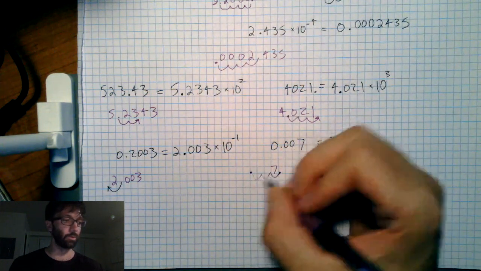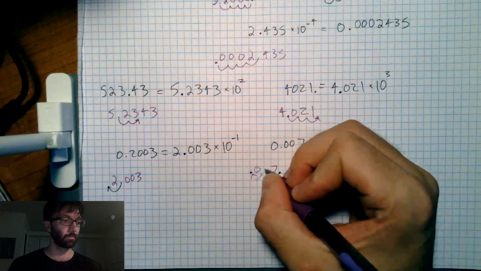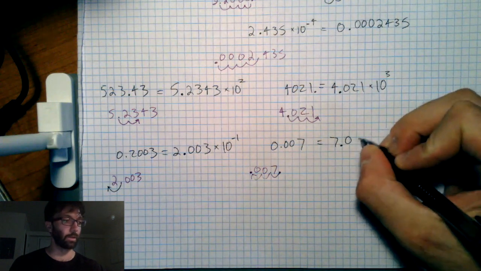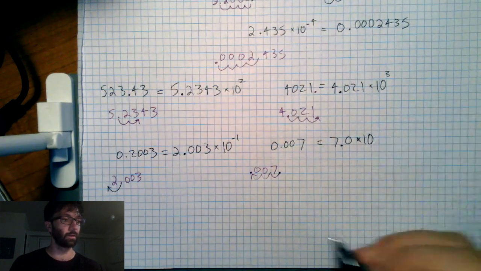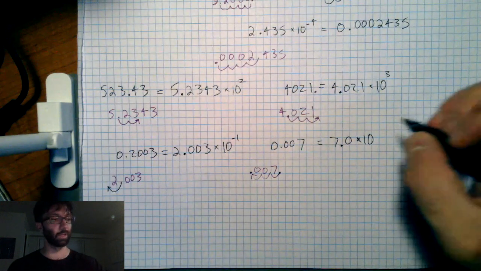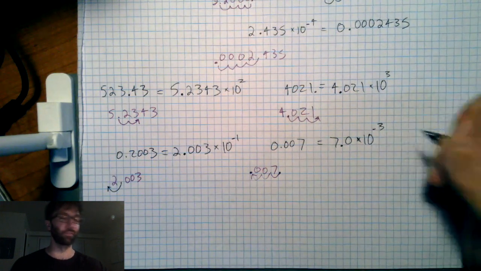And so there's the new decimal, and we could fill in the spaces with our 2 zeros. And so here we're going to divide by 10 1, 2, 3 times. So in other words, we're multiplying by 10 to the negative 3rd power.